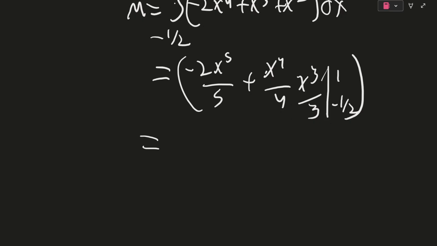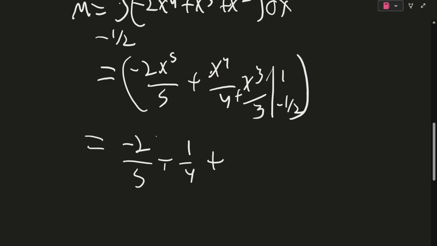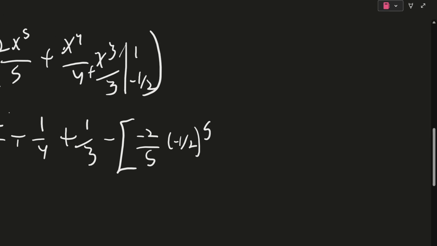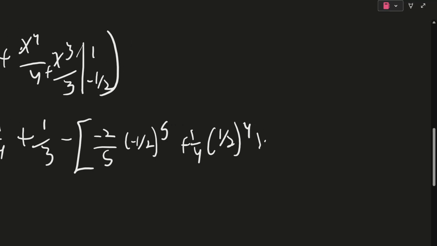Alrighty, so this is negative 2/5 plus 1/4 plus 1/3, minus, in brackets, negative 2/5 times negative 1/2 to the 5th, plus 1/4 times negative 1/2 to the 4th, plus 1/3 times negative 1/2 to the 3rd.